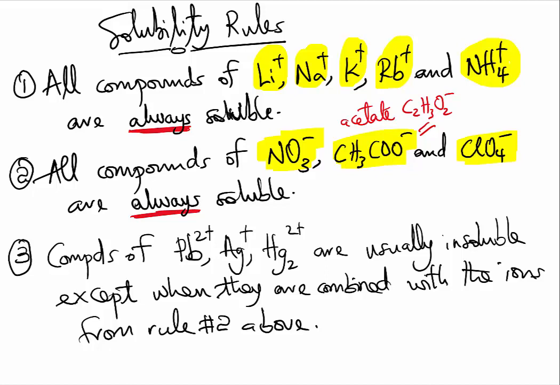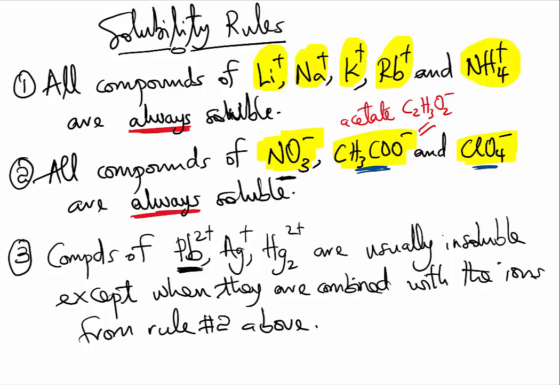Compounds of lead-2 ions will be insoluble except if it is lead combined with nitrate, that will be soluble. Or if it is lead combined with acetate, or if it is lead combined with perchlorate. Also, silver nitrate, silver acetate, and silver perchlorate will be soluble.